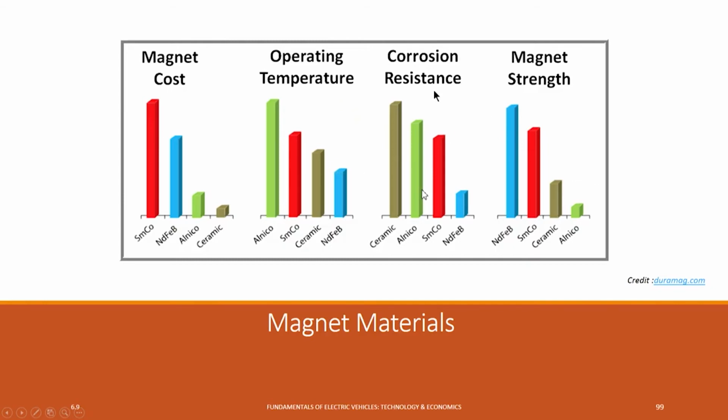On corrosion resistance, ceramic is very good, because the ferrite magnet is just made of rust, it is already corroded material, it can't corrode anymore. Alnico comes next, samarium cobalt comes after that, and the poorest is NdFeB. And yet we always talk about NdFeB, because in terms of magnet strength, NdFeB is the best.